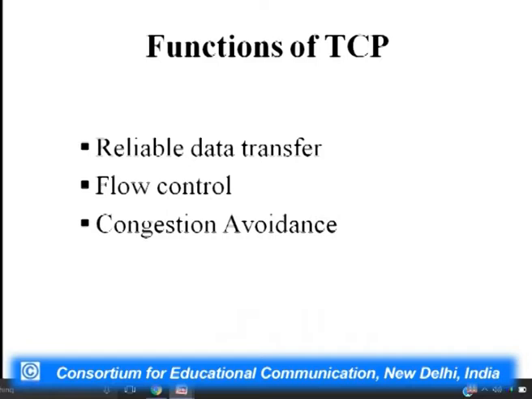When reliability is important, that means packet loss should be avoided, whether it is happening because of congestion or any other reason. So, we probably need to retransmit the same data again and wait for the acknowledgement. When it comes, we find that my data has reached the destination, and then in sequence I keep on sending. So, reliability is important. In that case, rather than using UDP over the IP datagram, I may be using TCP.